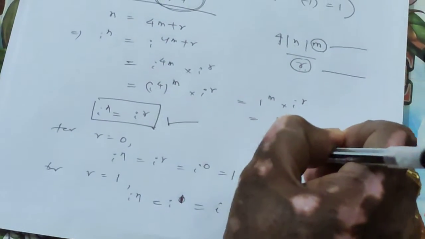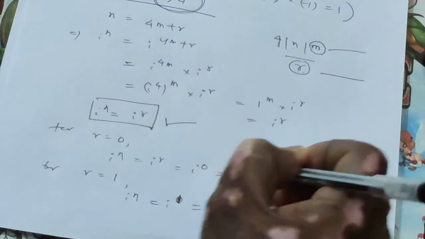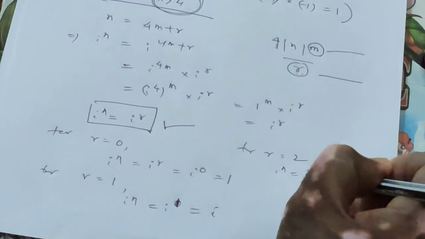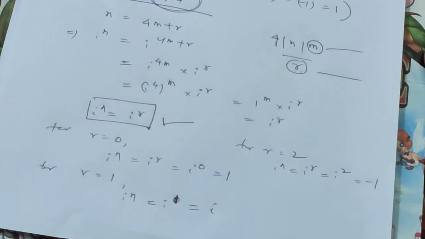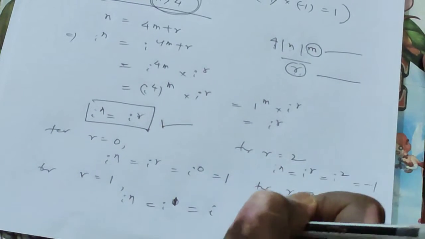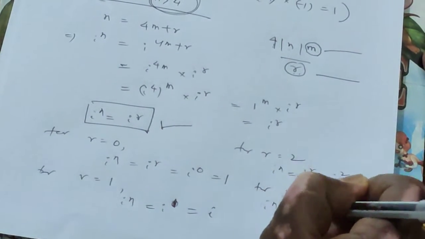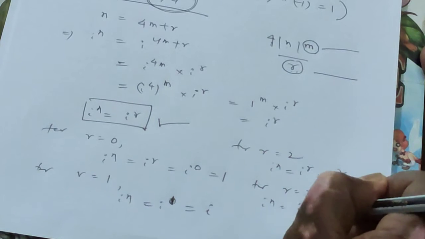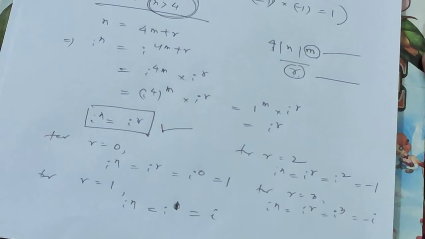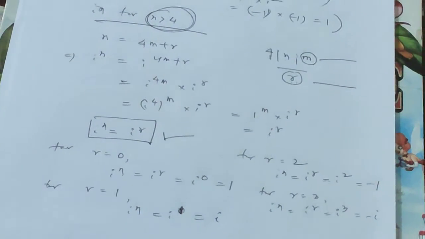For r equals 2, i to the power n equals i to the power r equals i square equals minus 1. For r equals 3, i to the power n equals i to the power r equals i cube equals minus i.